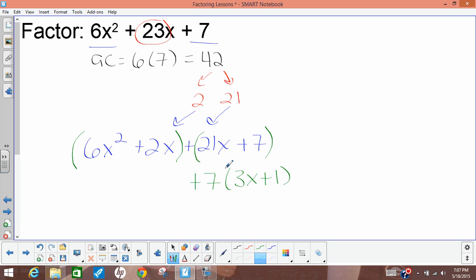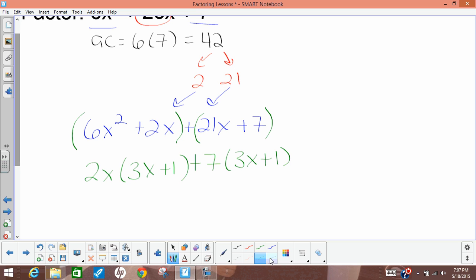Again, 21x divided by 7 is 3x. 7 divided by 7 is 1. The greatest common factor over here between 6x squared plus 2x is 2x. And then when I factor out the 2x, I get 3x plus 1.